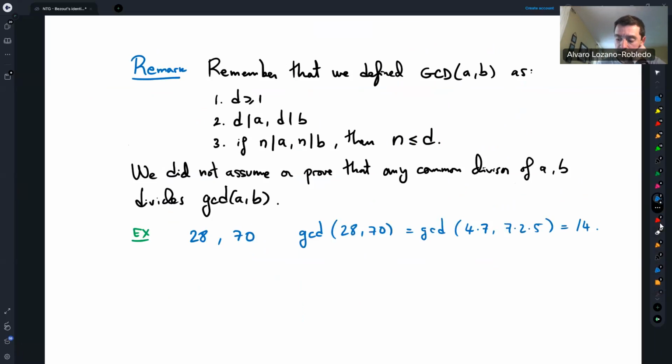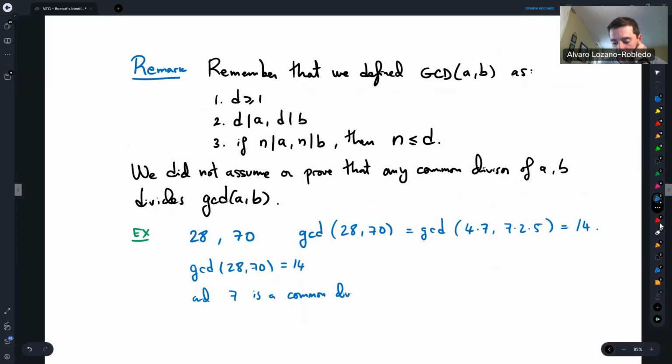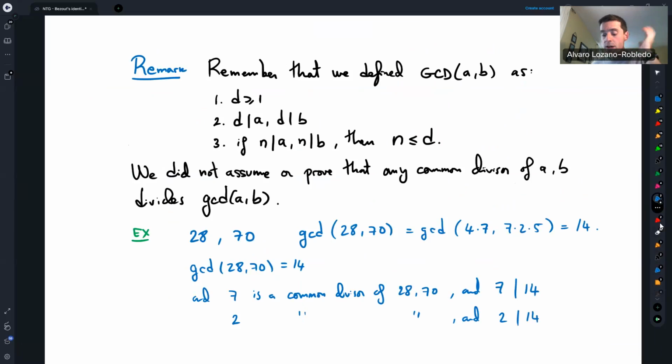The GCD of 28 and 70 is 14, and 7, for example, is a common divisor of 28 and 70, and 7 divides 14. Likewise, 2 is a common divisor of 28 and 70, and 2 divides 14. So every common divisor divides the greatest common divisor, but that is not something that comes out of the definition.